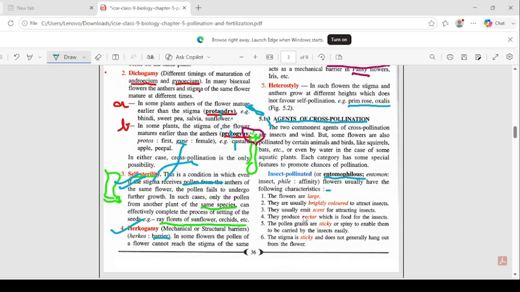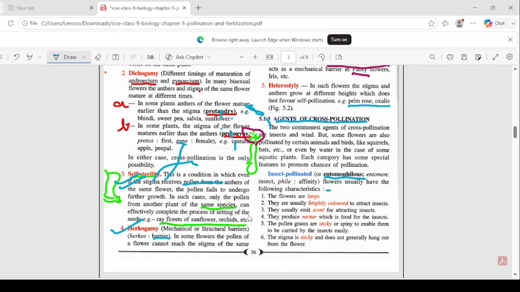If entomophily is taking place, what should be the necessary characteristics in the plant? Insects will be attracted only to those flowers which are large, brightly colored and have some fragrance. So these 3 points are clear: the flower should be very large, brightly colored, and should have some nectar and sweet smell to attract insects for pollination.